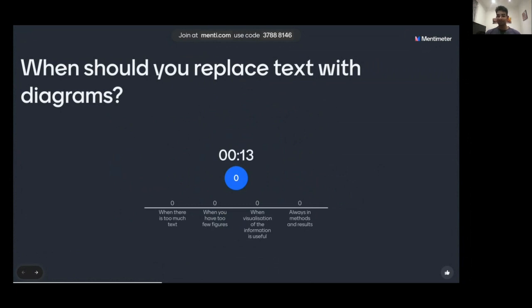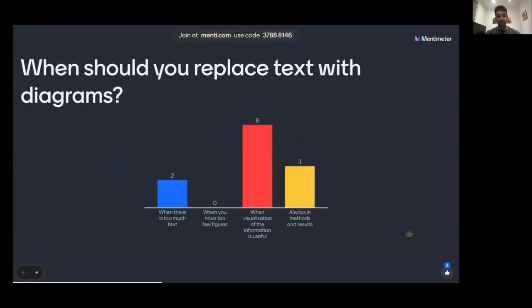Think about it. I've actually mentioned this multiple times over the course of this presentation, so hopefully it's come across. Thank you for the person who's giving me thumbs up. Well, the majority of you got it right. So the reason it's not always in the methods and results section is because sometimes you can't put the words in the methods section into images.